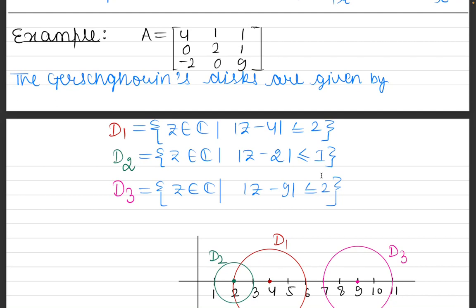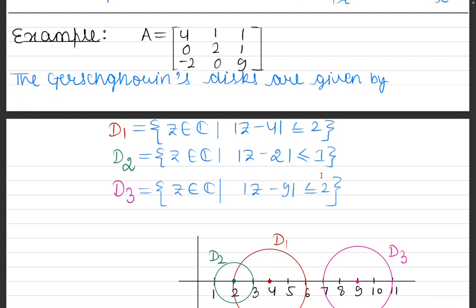So the Gershgorin disks are given by, for example, D1. What will be D1? It will be Z belongs to C such that modulus of Z minus 4 is, you just add modulus of these two, right? So it will be less than equal to 2.